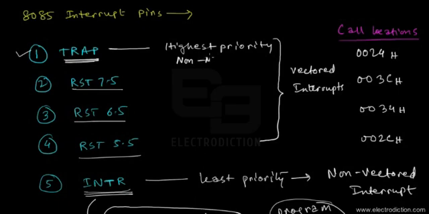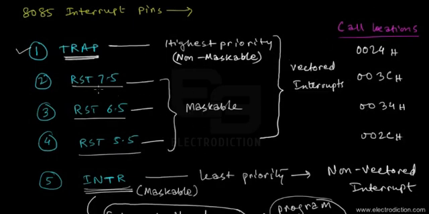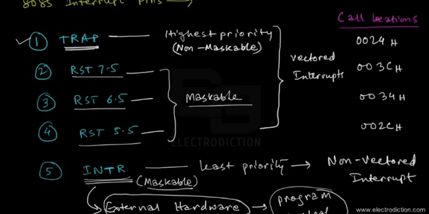But the interrupt lines RST 7.5, 6.5 and 5.5, and even INTR, are all maskable interrupt lines. Meaning you can write some software code and, if you want to, you can ignore them.